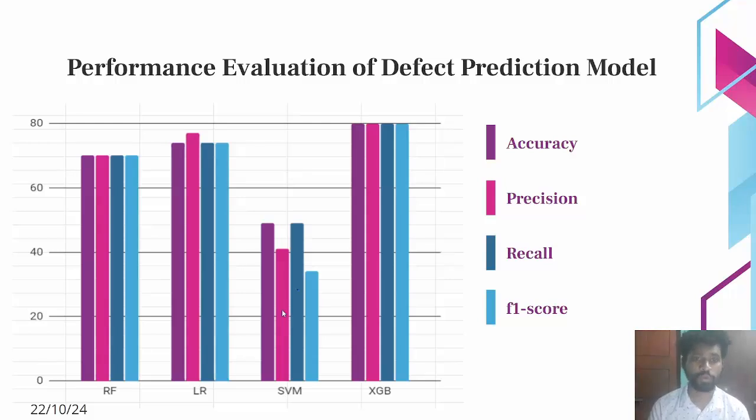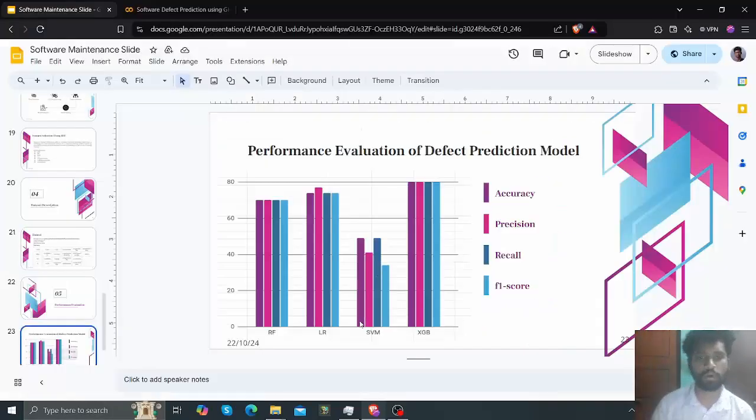So we will only use the model trained by extreme gradient boosting, and this model will be used in the tool for predicting whether the software has any defect or not based on the information extracted from the Git repository. So this was our overall work.